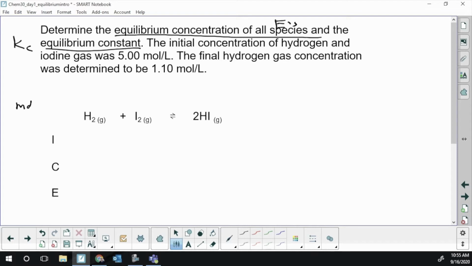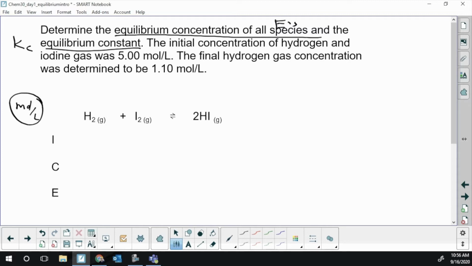In my ice table, I'm going to put in moles per liter, because that's what I need for the square brackets for my equilibrium law expression. I would never put moles into your ice table. If you were given moles and a volume, I would convert it to concentration right away and get that in. If you do your equilibrium law expression with just moles, it's not correct.